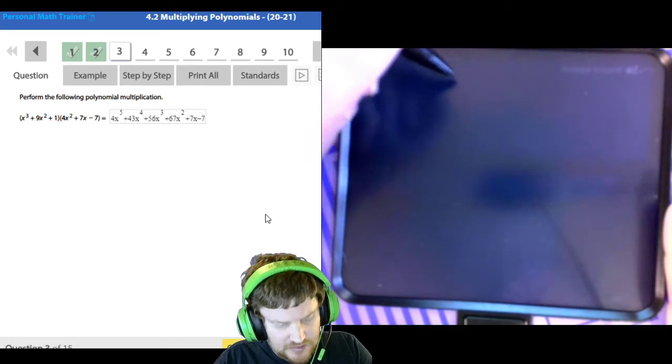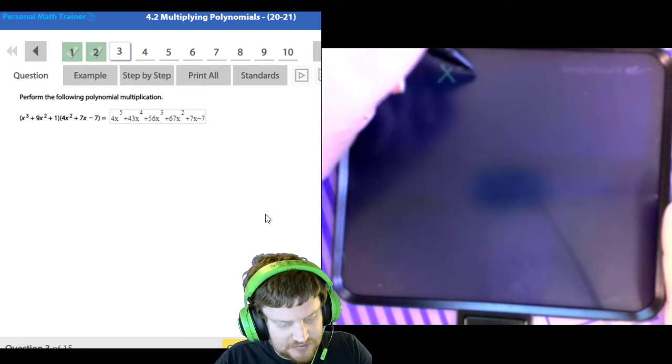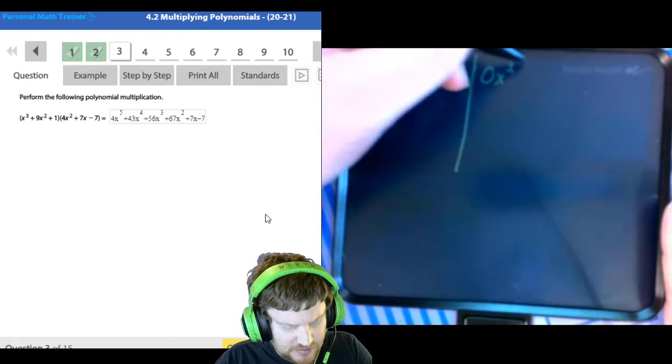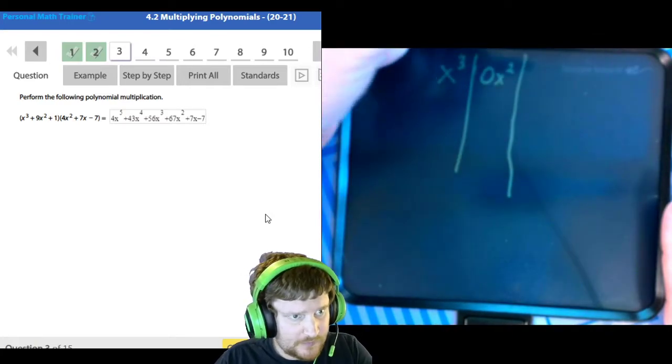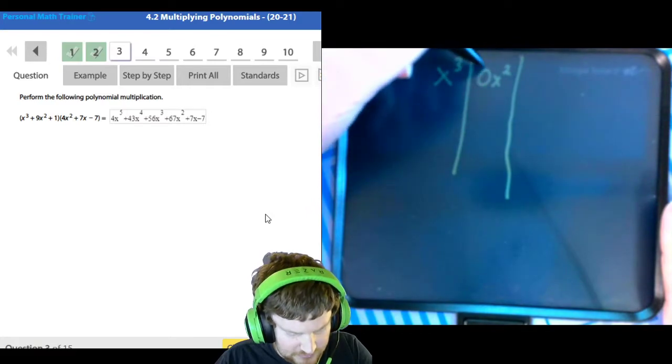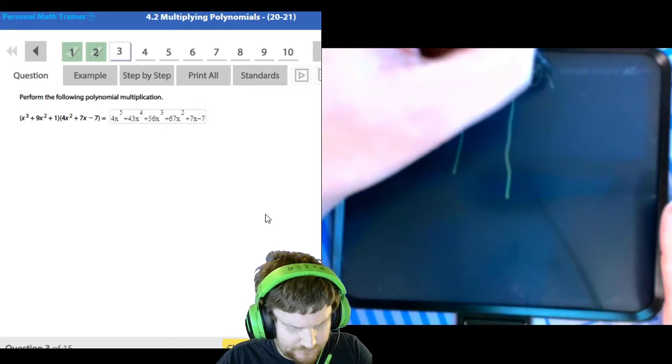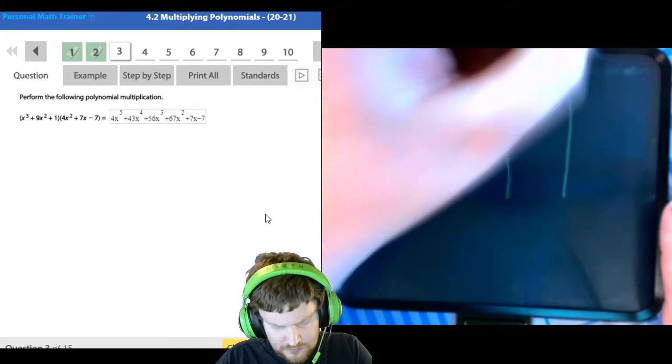So we've got, I'm going to use the box method this time, x cubed, 0x squared, no, 9x squared, 0x, 1.